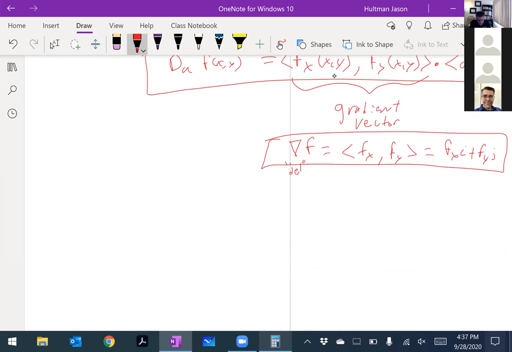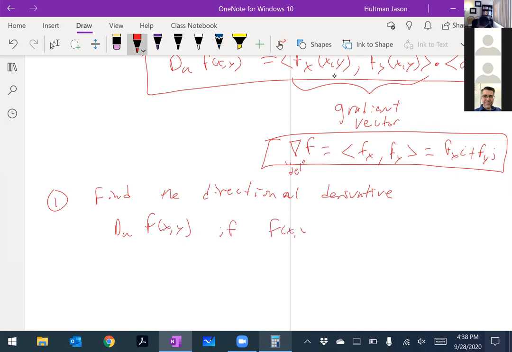Okay, let's do a couple examples. Example number 1: find the directional derivative, the derivative in the direction of some value, the directional derivative du of f of xy, if f of xy equals x cubed minus 3xy plus 4y squared.